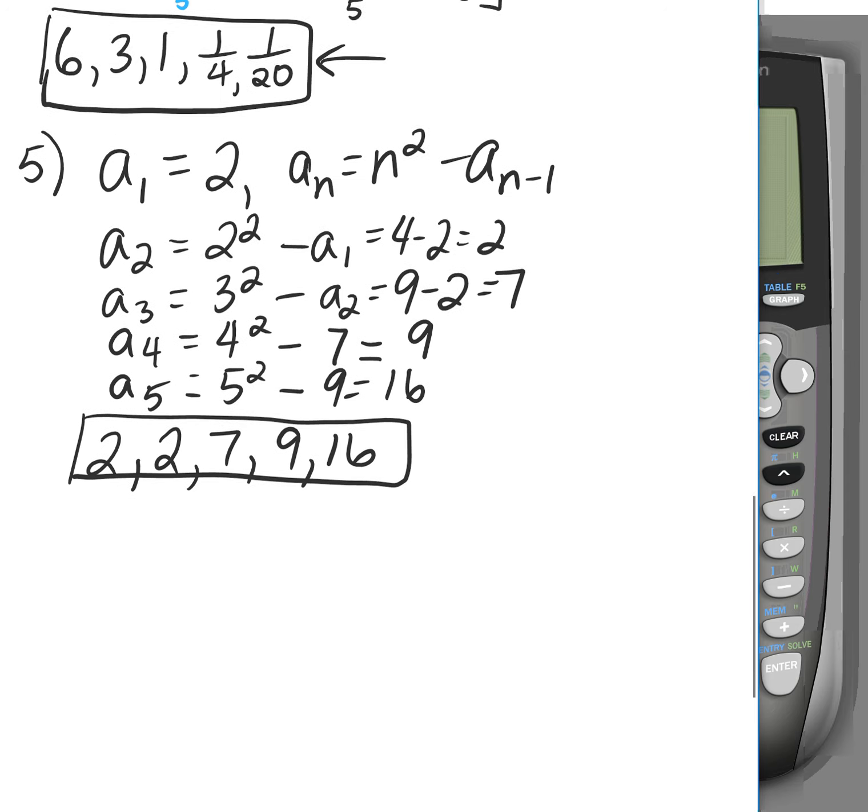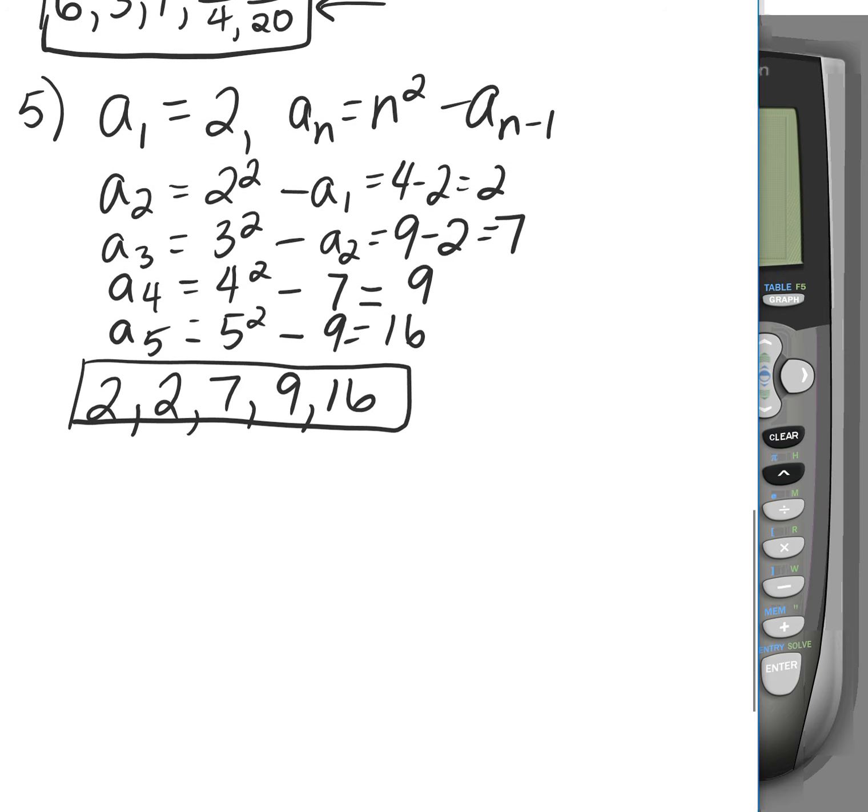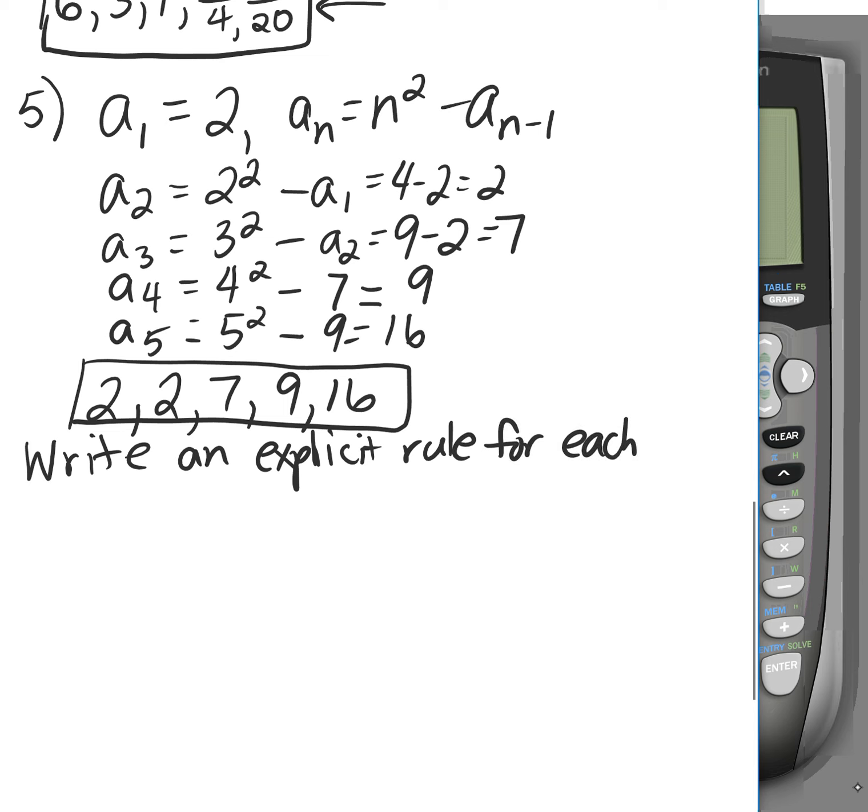Now we're going to backtrack a little bit and talk about our arithmetic and geometric sequences. We're going to write an explicit rule for each recursively defined sequence.